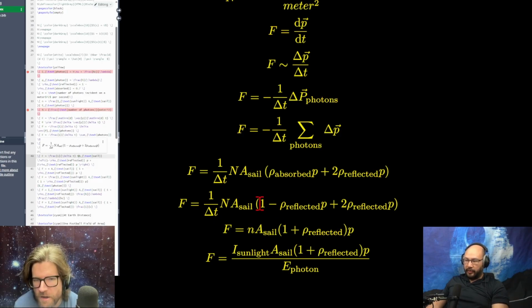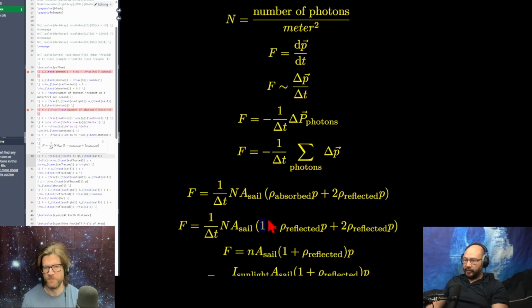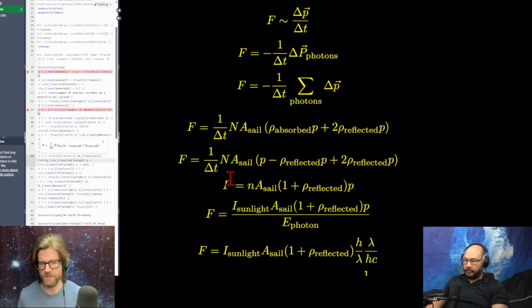So let's instead put a P there, because it's rho absorbed times P. We rearrange this for rho absorbed, and then I need another P there. Maybe just replace the one with a P. I think that's fixed on the next line, because you extract it out from everything. Yep, looking good.